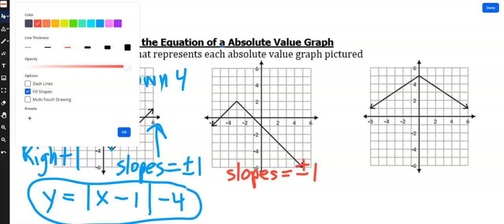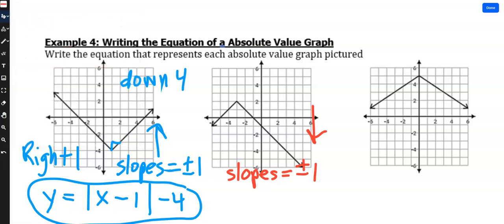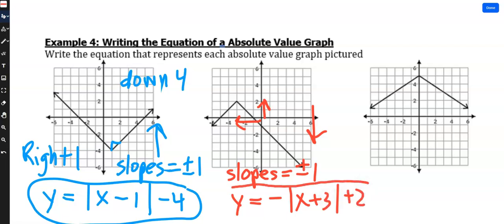Also plus and minus 1. But the key thing is it opens down. It also went left 3 and up 2. So we need all that to be said here. So we're going to have a negative on the outside of the absolute value bars. We need to go left 3 and up 2.